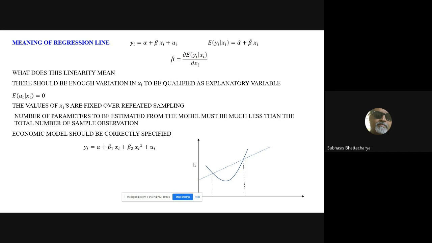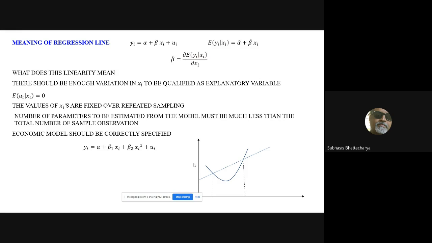So here, to estimate beta hat from sample data, we have to measure some change. And the change must be with respect to some reference point. And what is the reference point? The reference point is the sample average, that is the expectation of yi given xi.